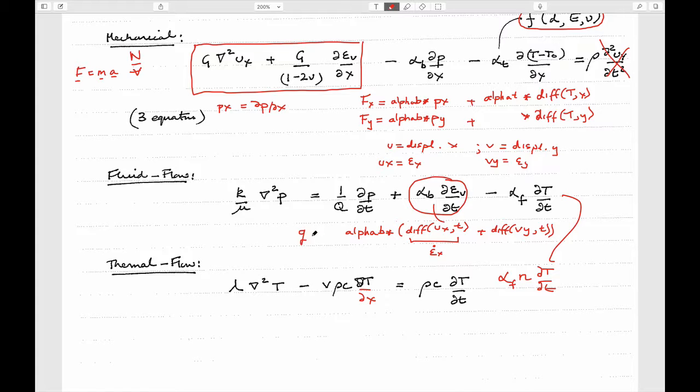So these are equivalent fluxes. And this would be equal to alpha fluid, alpha F, multiplied by porosity, multiplied by something like the derivative of temperature with time.